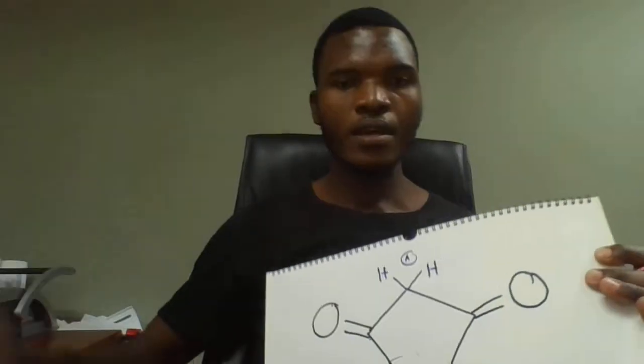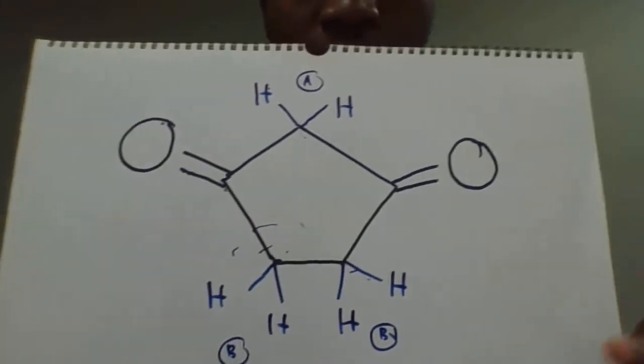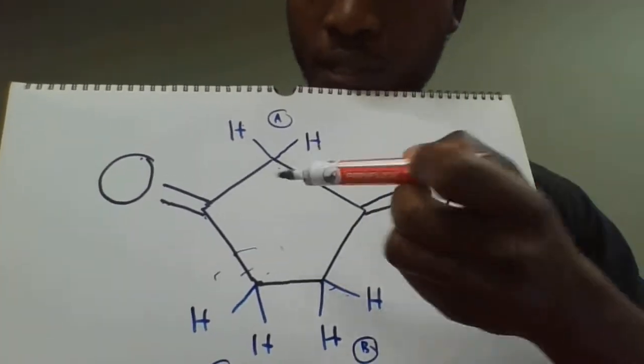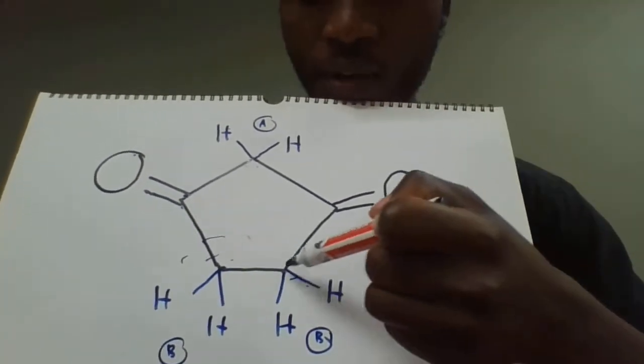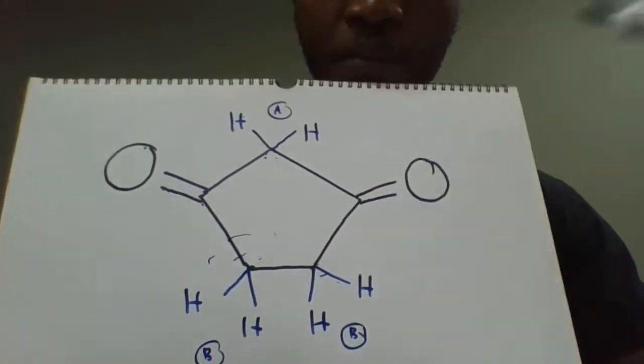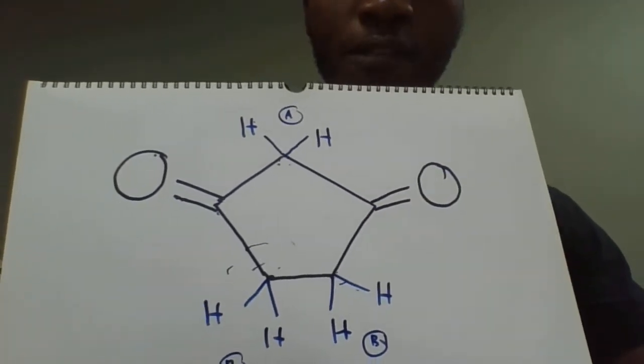Moving on to the next question, this one. If you check, you also have two sets of alpha carbons. There's this one alpha carbon, which I named A. Then we have these two alpha carbons, which I named B, because these two are equivalent carbons.